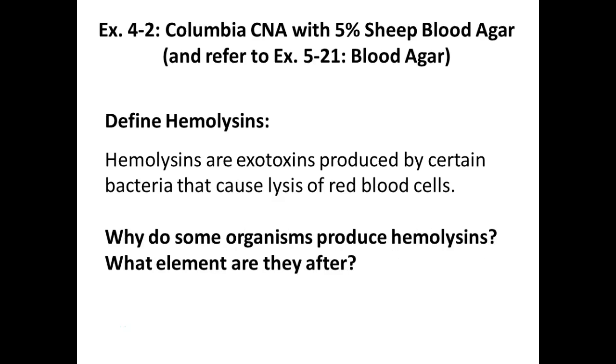So why do some organisms produce hemolysis? So they can do what? Lyse red blood cells. Okay, so what? What element inside that red blood cell are they after? They're after the iron.